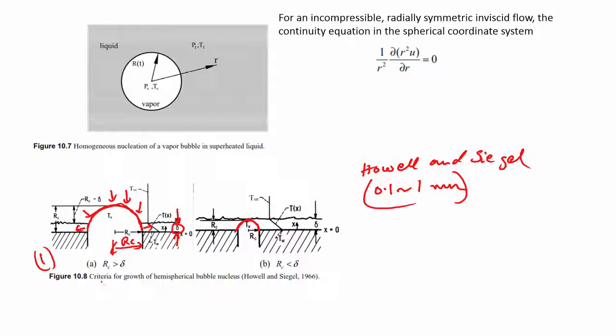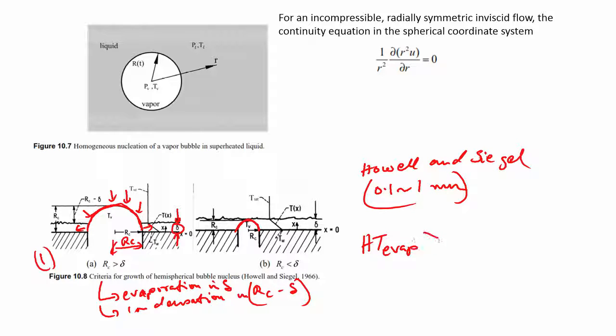So, in the first case you have evaporation in delta and condensation in RC minus delta. Okay. So, that is what you are going to have. Now, for a bubble to grow, the heat transfer due to evaporation must be greater than the heat transfer due to condensation, right, that has to happen. So, part of the bubble is evaporating, part of the bubble is basically condensing.